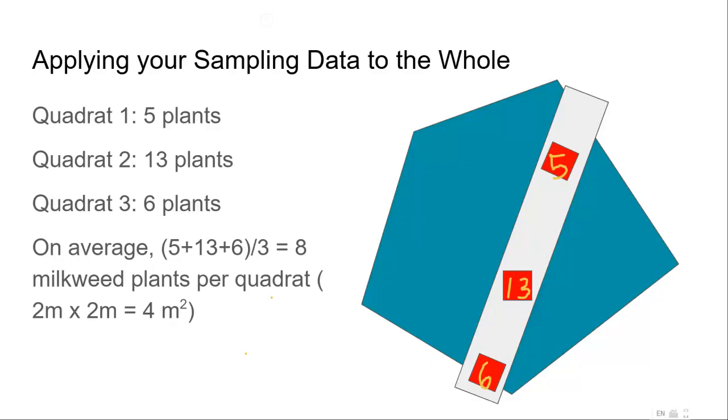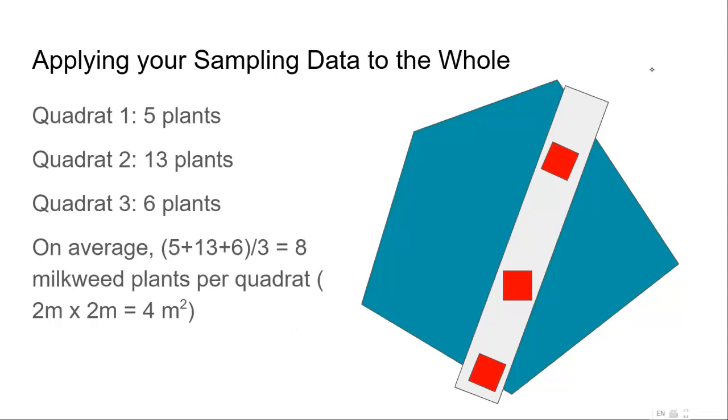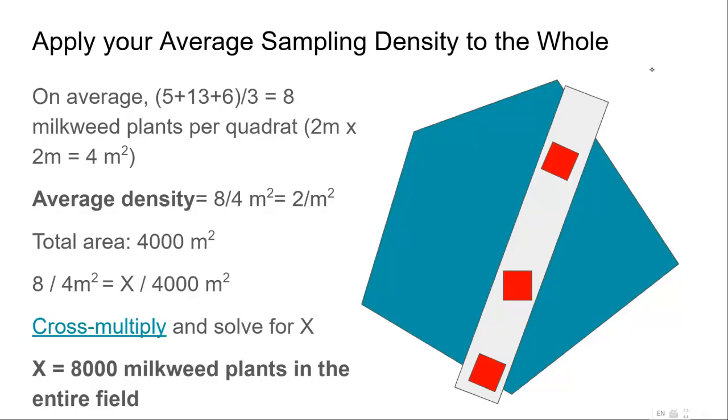We determined that on average we had 8 milkweed plants per quadrat. So there's our average density. Now if you divide it out, you could end up with a value of 2 per square meter. And that's actually not a bad way to do it, because that might be easier to calculate out to the whole area.